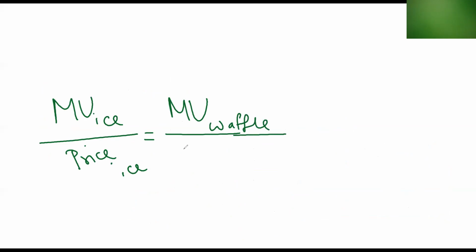So the marginal utility of ice cream divided by price should be equal to the marginal utility of waffle divided by price. You have the prices for both of them. So the price is 6 and 2. You write it down. So the price is 6. Here the price is 2.